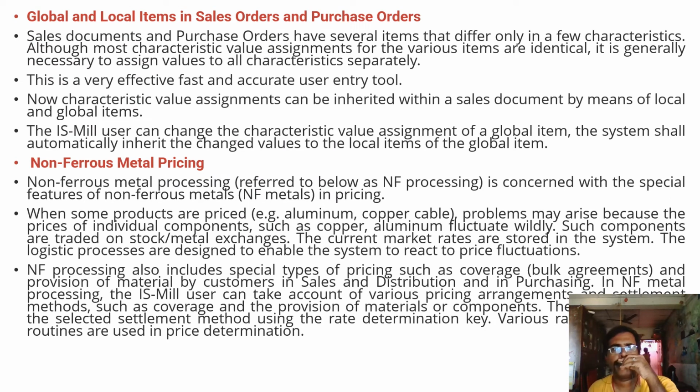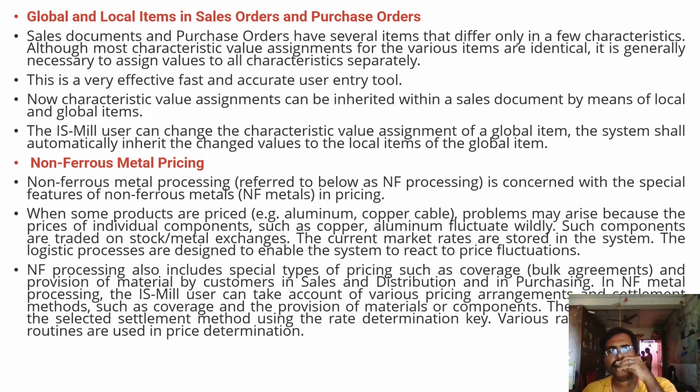And now we are going to see the global and local items in sales orders and purchase orders. Sales documents and purchase orders have several items that differ only in a few characteristics. Although most characteristic value assignments for the various items are identical, it is generally necessary to assign values to all the characteristics separately.